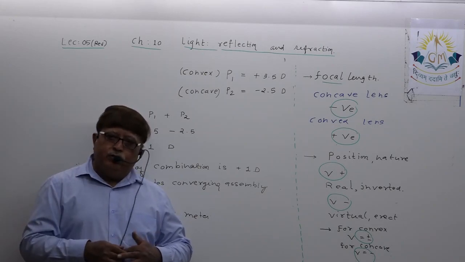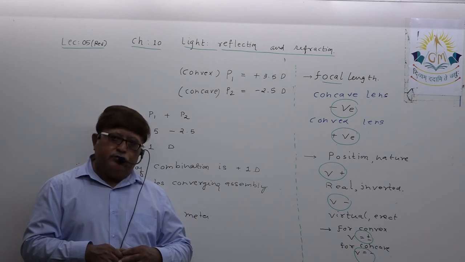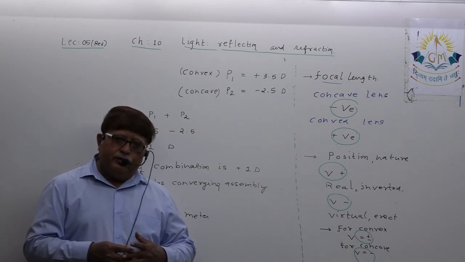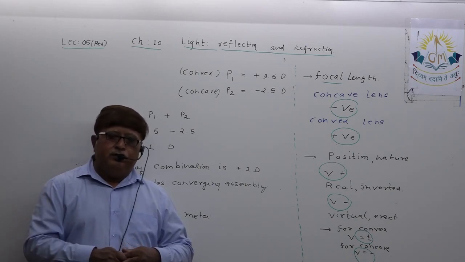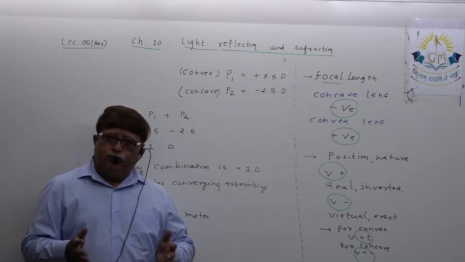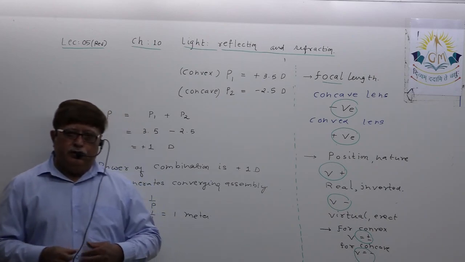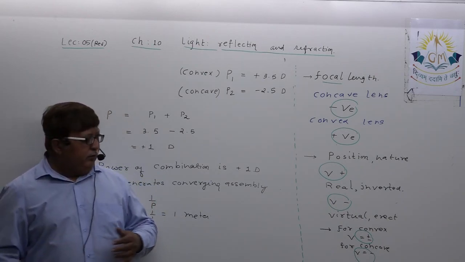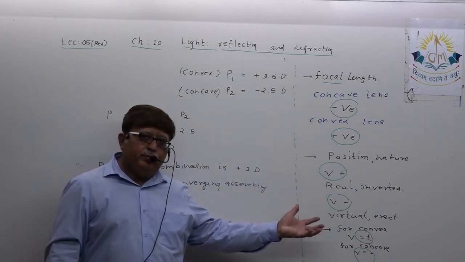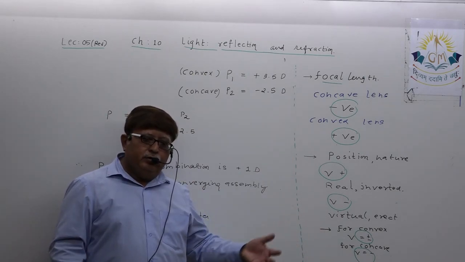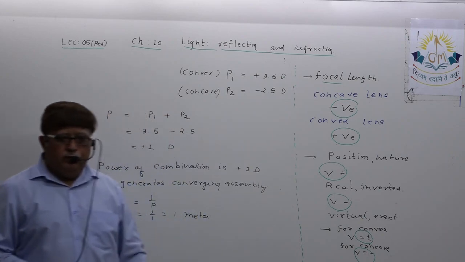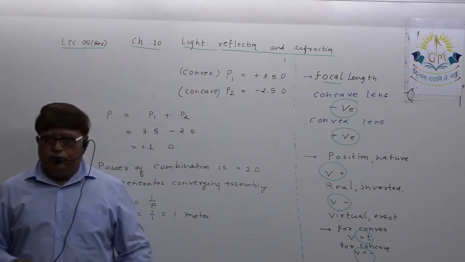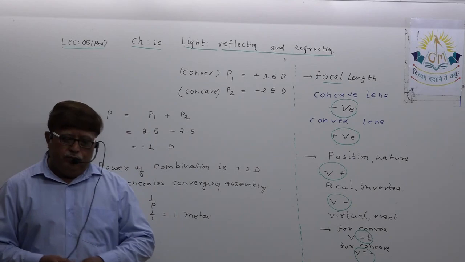It will help you in 12th when you cover optics, but it is also important for your NTSC phase 1. So prepare thoroughly, make your concepts clear, and always keep these basic points in your mind when you solve numericals regarding lenses. You understood this? Thank you very much.